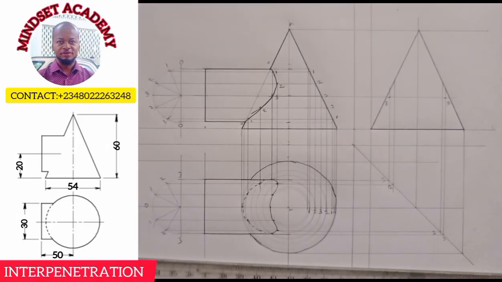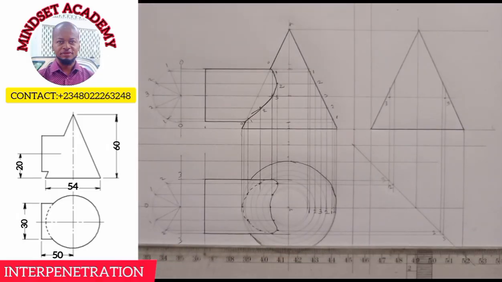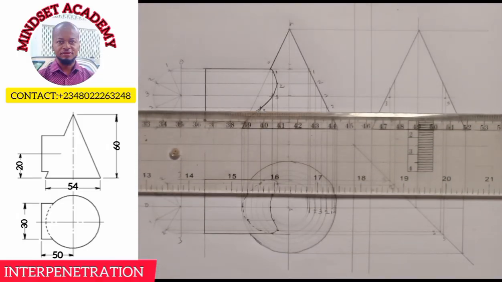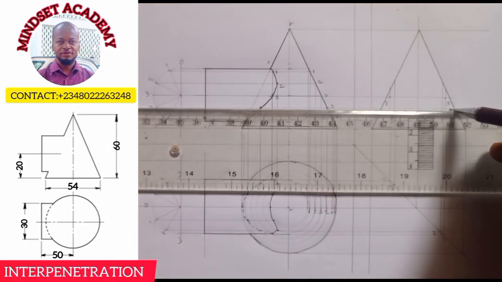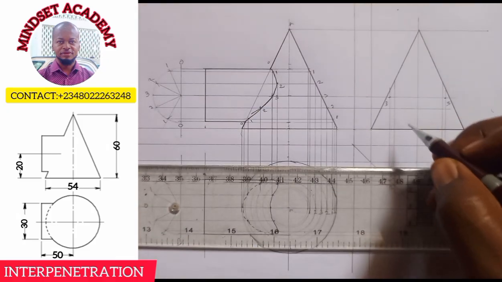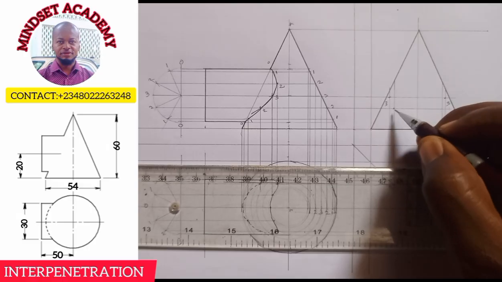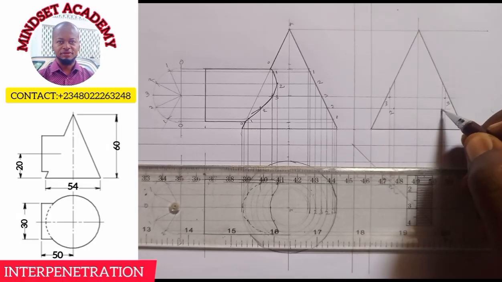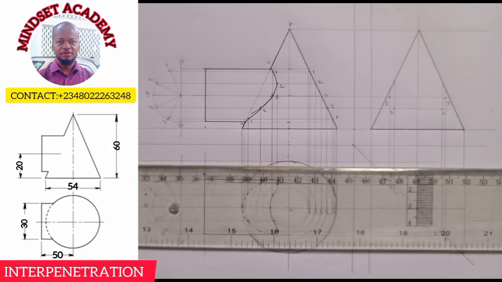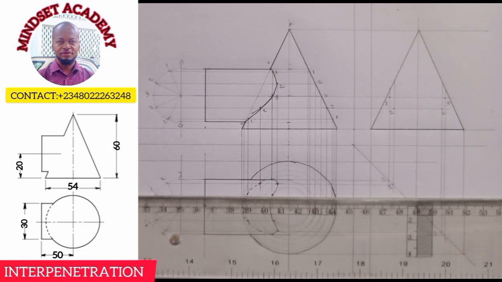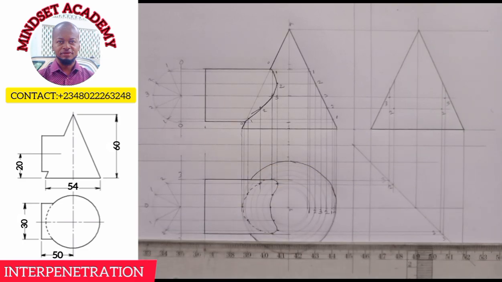Then I'll bring the point of 2 up. So this is 2. So when I take 2 out, 2 is meeting 2 here. This is 2. And this is what? 2. Are we there?